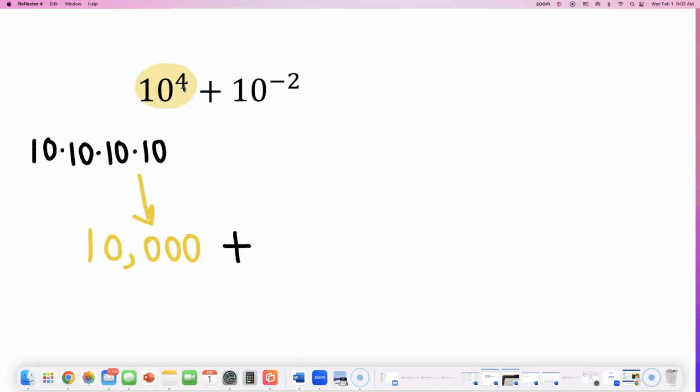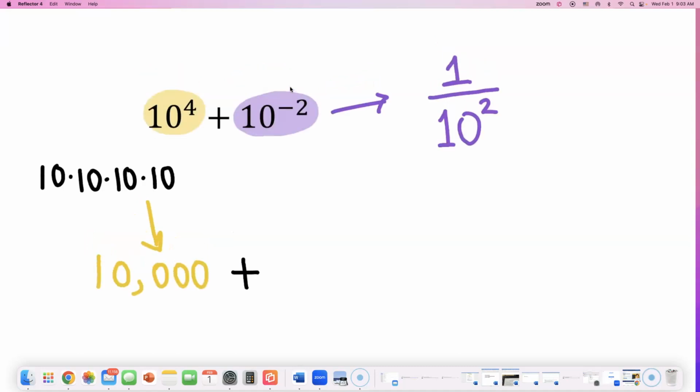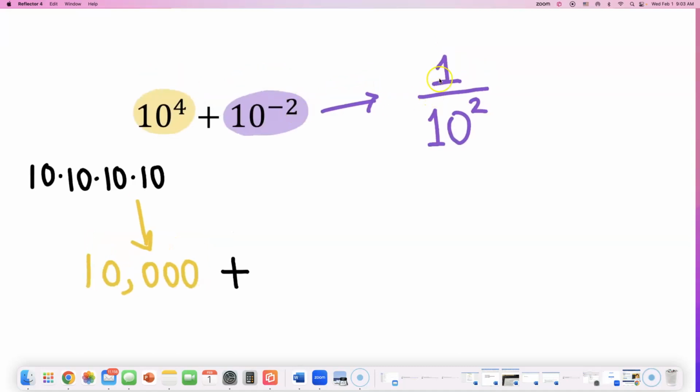Oh, look at this. This one's a little different. 10 to the negative 2nd power. All right, let's talk about what this is. 10 to the negative 2nd power is 1 over 10 to the 2nd power. With that exponent of negative 2, I can write this as a reciprocal, 1 over 10 squared. Okay, but when that 10 squared goes to the bottom, that turns into a positive exponent of 2.